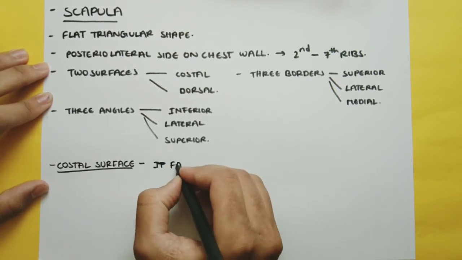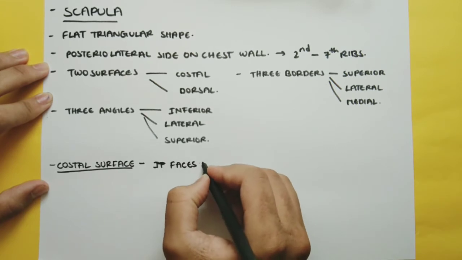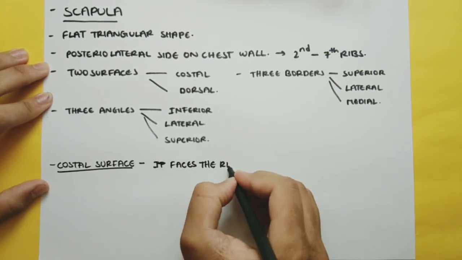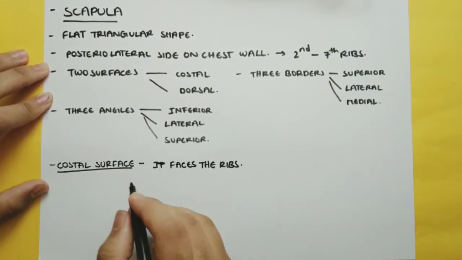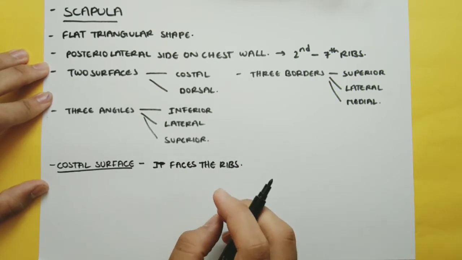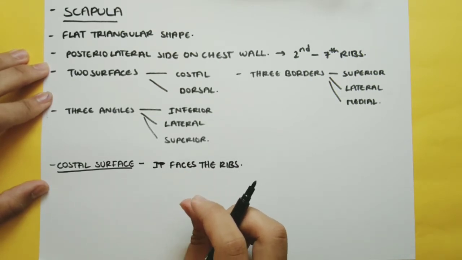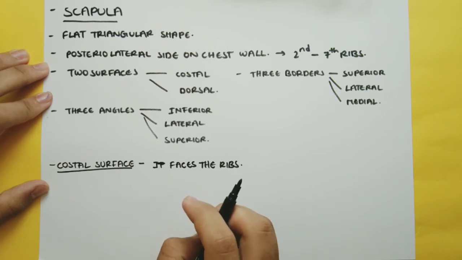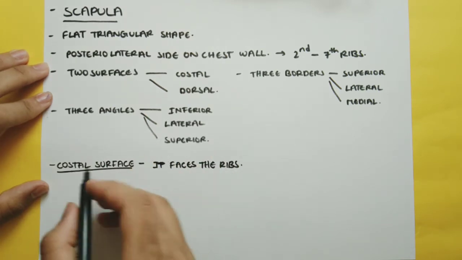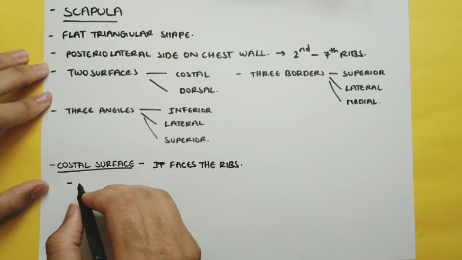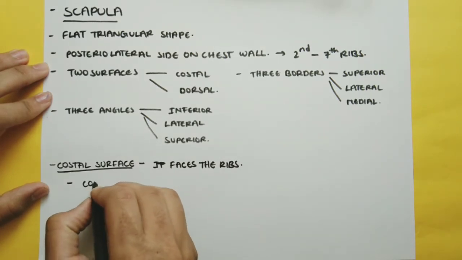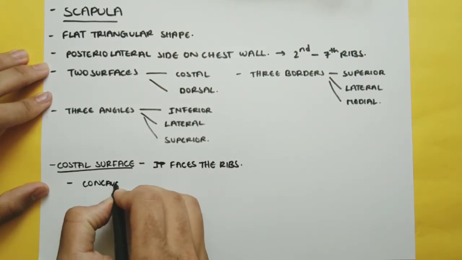Do you know in Latin the ribs are called costa, hence it is called the costal surface. The costal surface is concave in shape.